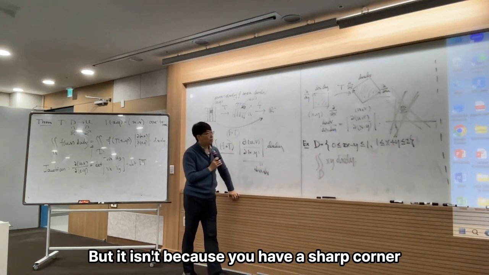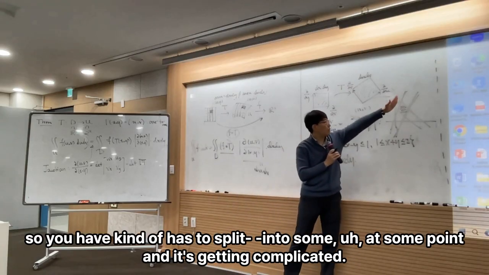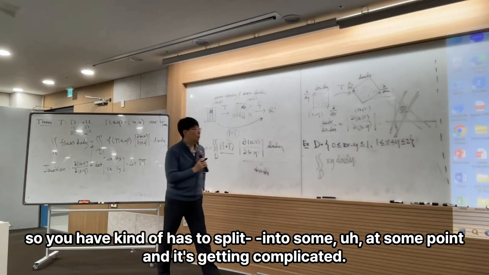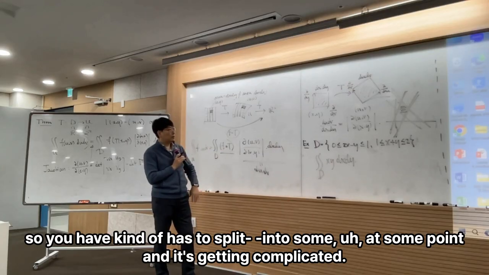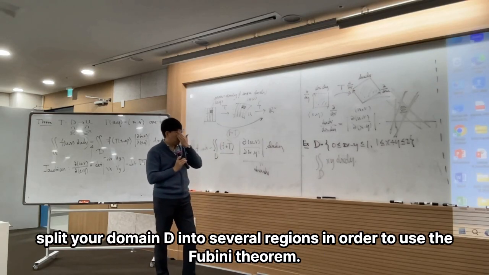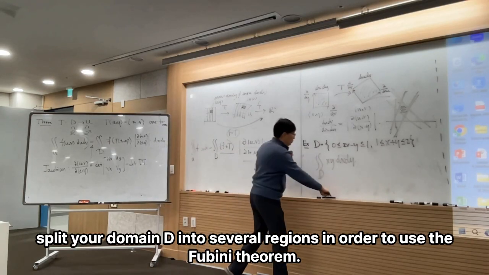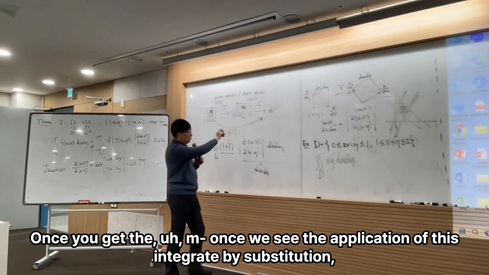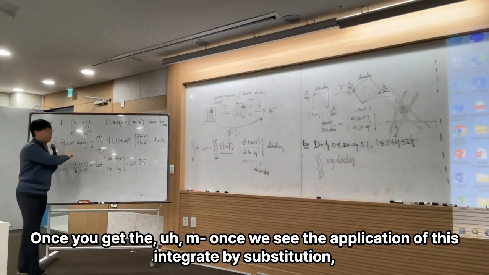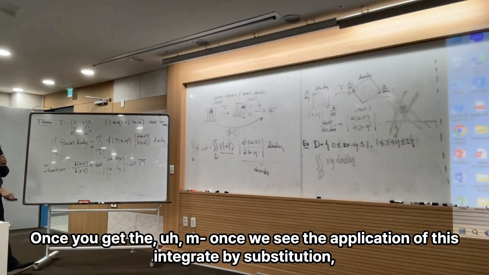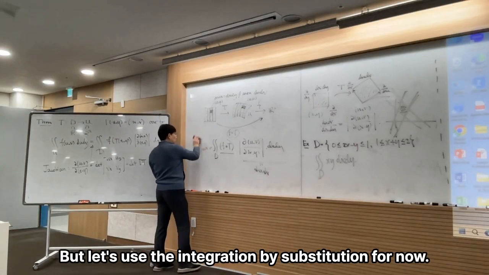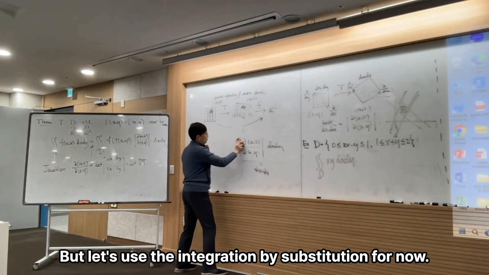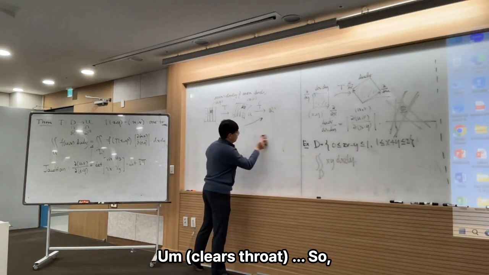But it isn't nice, because you have a sharp corner, so you have to split at some point, and it's getting complicated. You have to split your domain D into several regions in order to use the Fubini theorem. Once we see the application of integration by substitution, I'm going to show you how to do this by the Fubini theorem. But let's use integration by substitution for now.